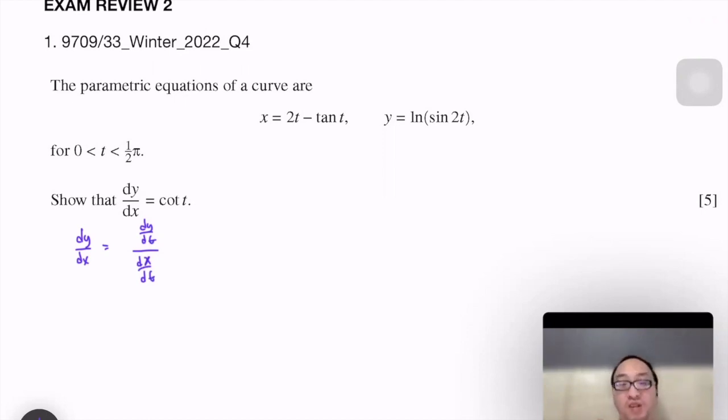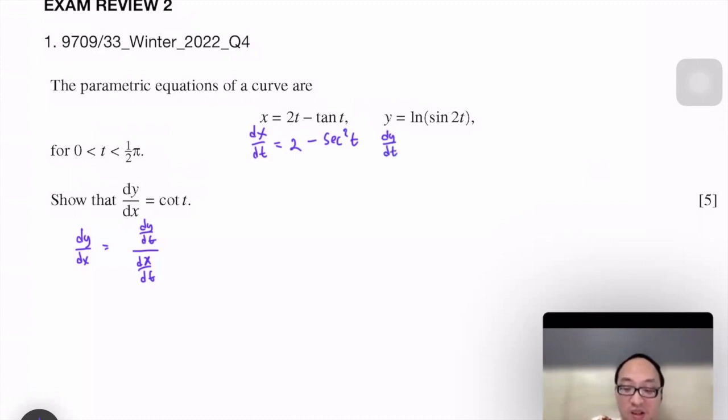So we need to find dy/dt and dx/dt from the given functions. We try to find dx/dt first.